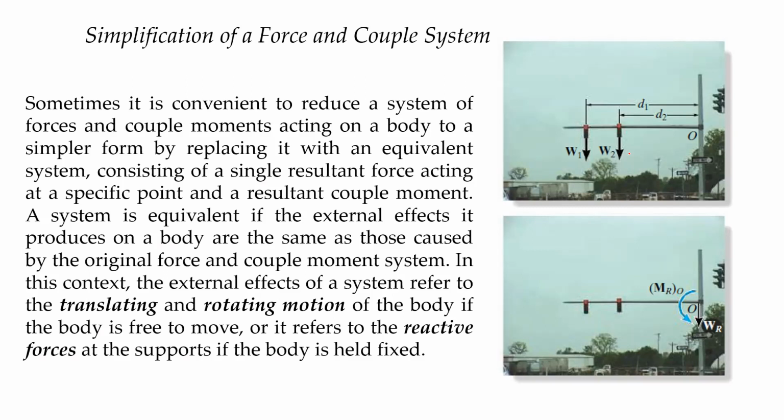So what this means is that if you have your system of forces such as this one, we have weight one of our first traffic light and weight two of our second traffic light. What we can do is we are allowed to express these two weights as a single resultant force, and it acts here.